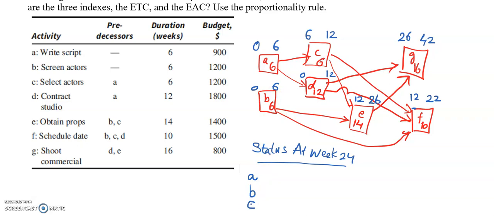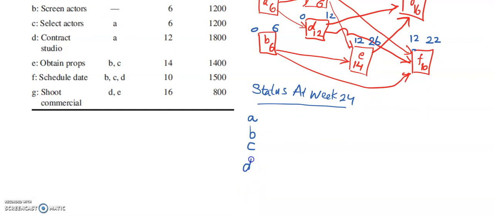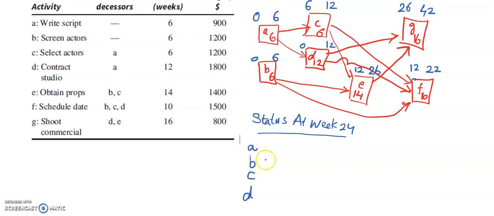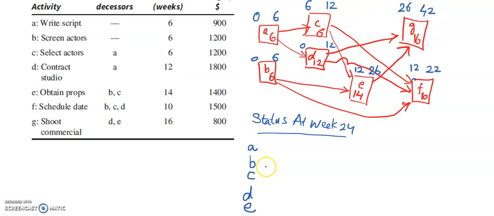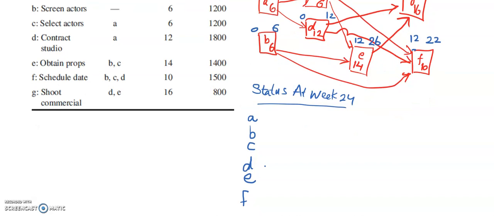C is scheduled for 6 to 12 weeks, and D is scheduled for 0 to 12 weeks, and after D there is an activity E. The other activities are G and F. Oh yes, even F is scheduled, for 12 to 22. And G is after 24.